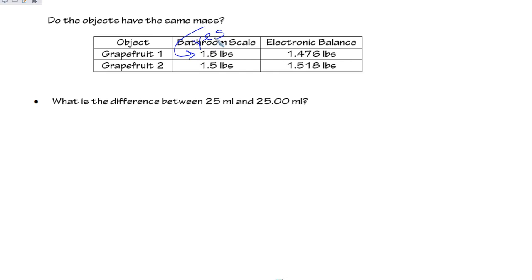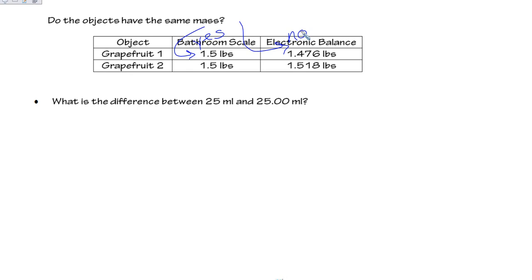But with a more sophisticated measuring tool, like an electronic balance, now I'm going to say no. Now, if I were to round these to the nearest 1/10 of a pound, then yeah, they both round to about 1.5. But I might not want to round my masses in the lab. I want as detailed of a mass as possible. Now, no, they don't have exactly the same mass.